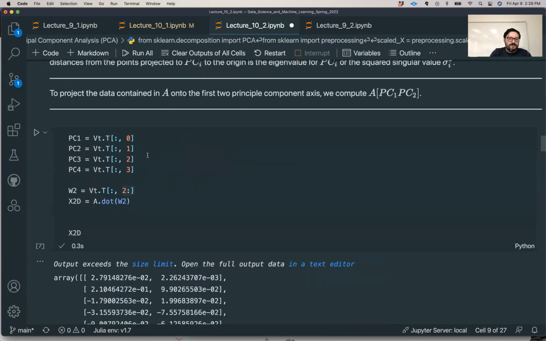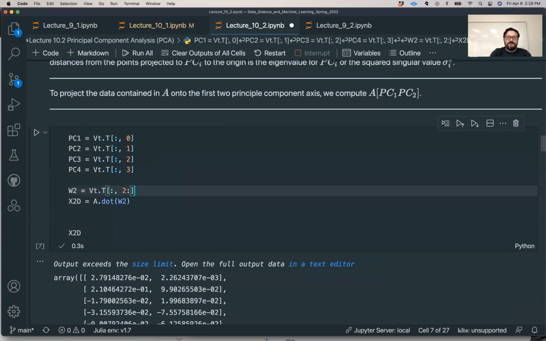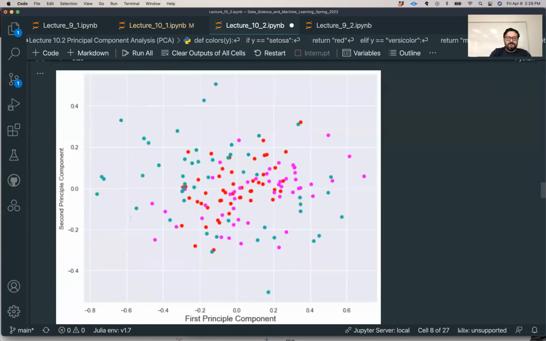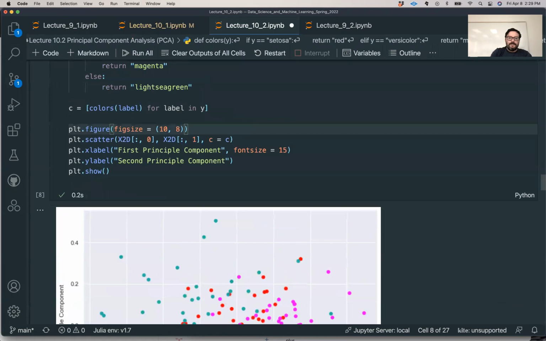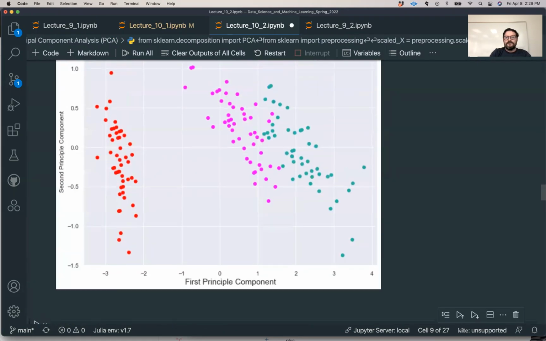But if we go back up here and look at the first two singular vectors, and come back down here, this is the last two singular vectors. Look at the range here. Look at the range here. It's pretty small. Now look at the range and the spread in the data. And it's because of that stretching that I was mentioning, right? That stretching corresponds to variance in the data.